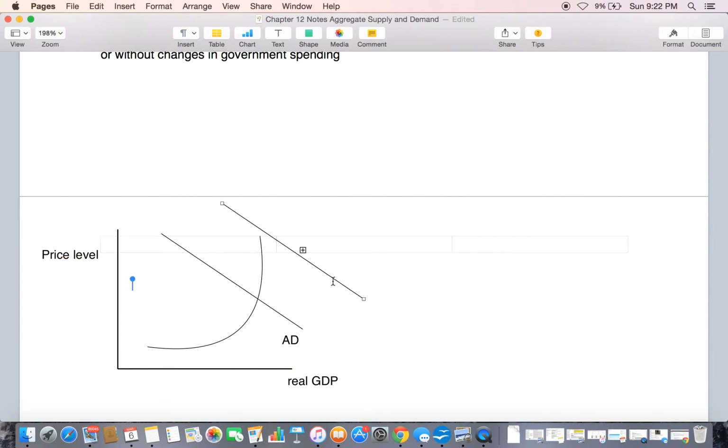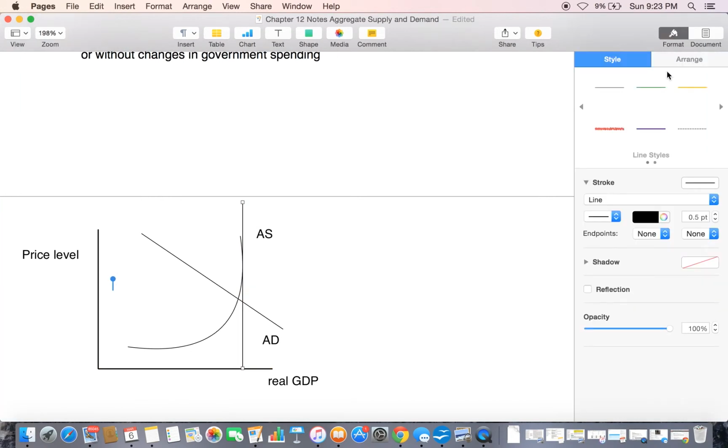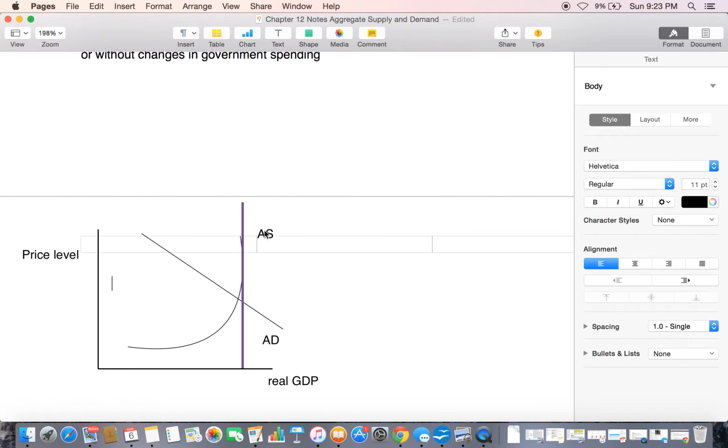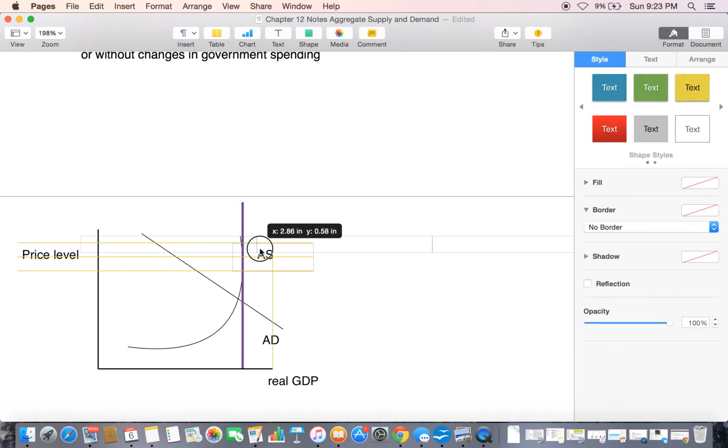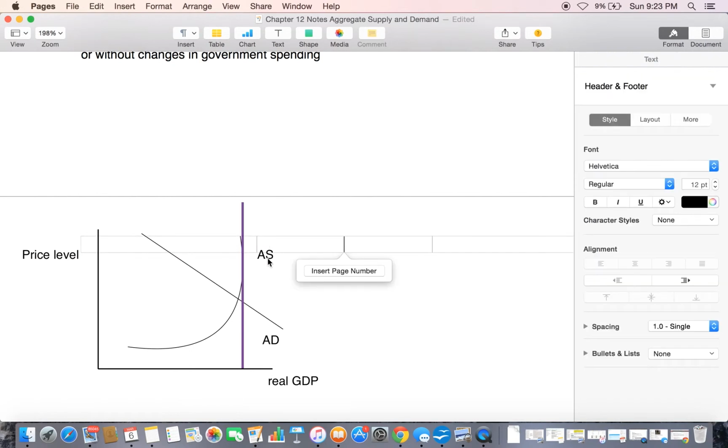So if there is no unemployment and all resources are being used efficiently, then we will produce along this purple curve, which would be our full employment GDP level, and it would be represented by an amount here. We're not using numbers, but it's just the concept that in this time period, we cannot increase our production unless we change the total land, labor, capital, and technology that we have access to.